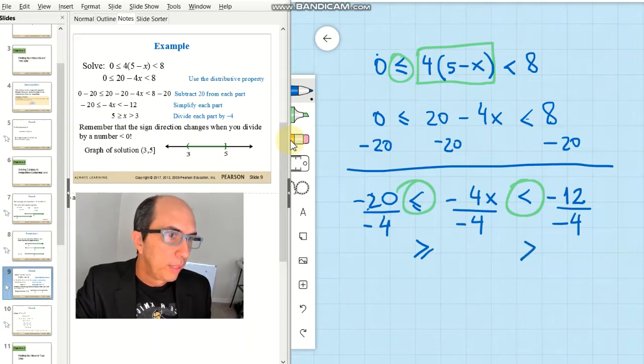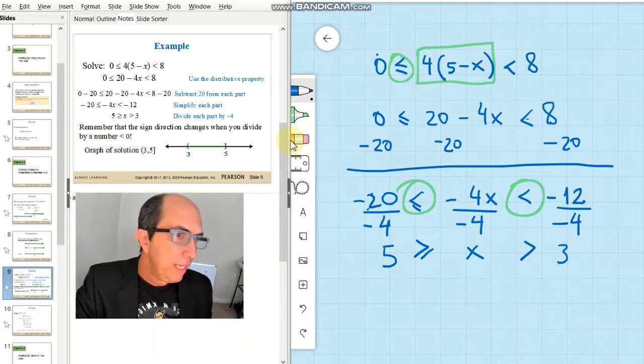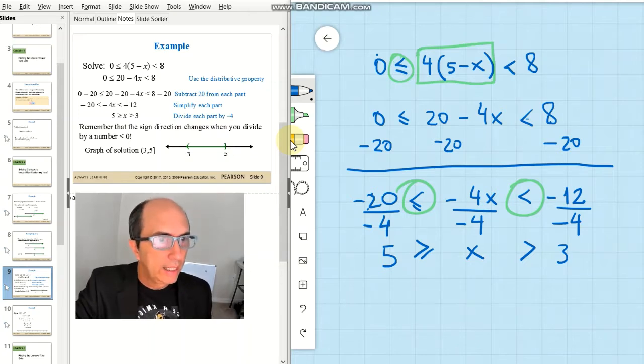You have to flip like this, the inequality. So negative 20 divided by negative 4, 5, negative 4x divided by negative 4, x, and negative 12 divided by negative 4, 3. That means x is between 3, x is going to be greater than 3, and x is going to be less or equal than 5.